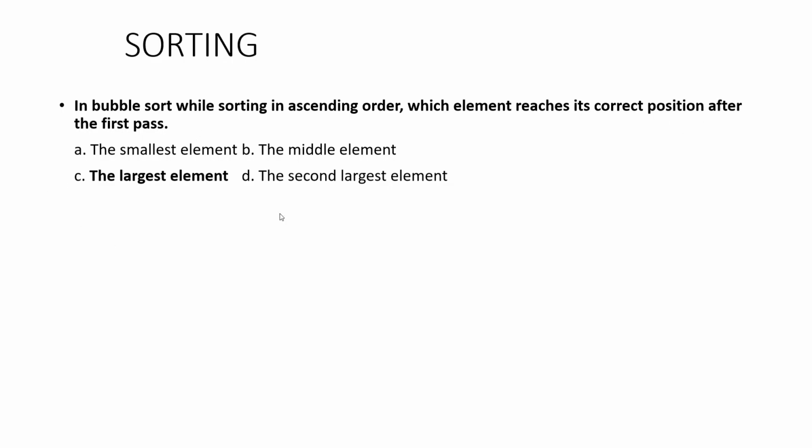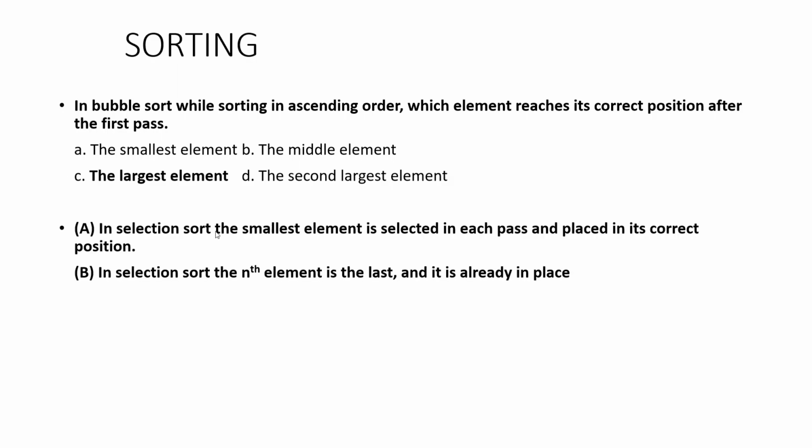In the second pass, the second largest element, and in the third pass, the third largest element. Finally, the smallest element. So the correct answer is the largest element. The next question is an assertion: in selection sort, the smallest element is selected in each pass and placed in its correct position.